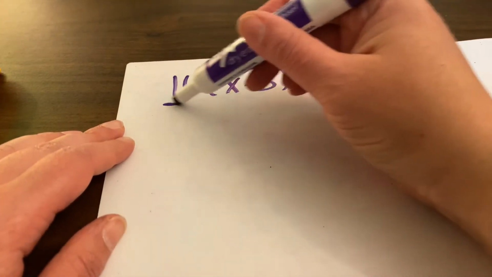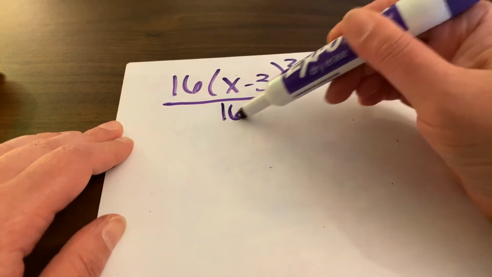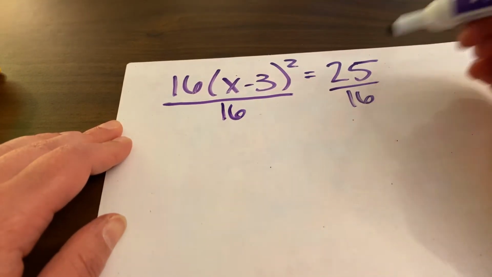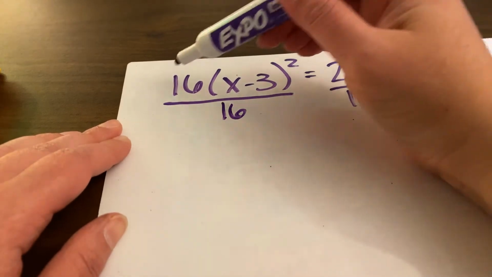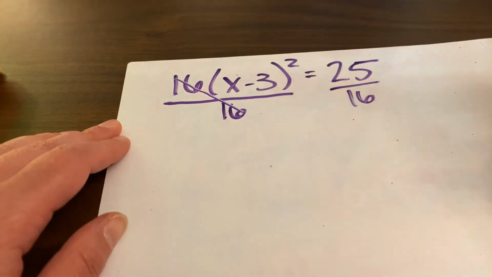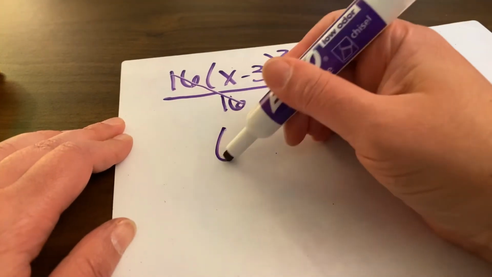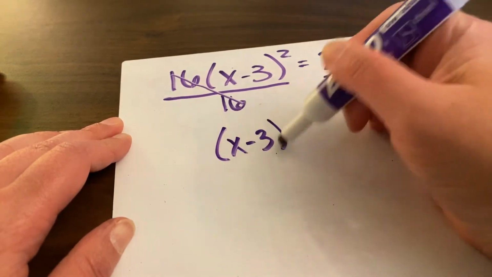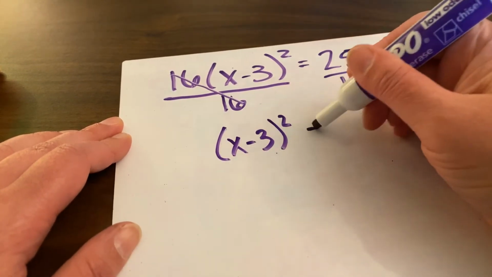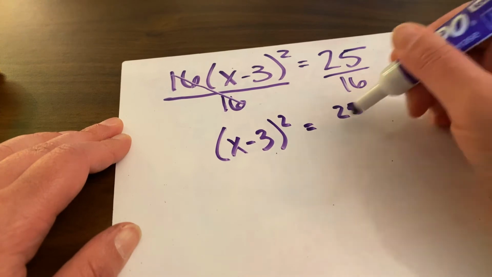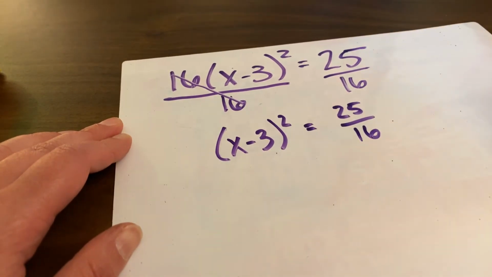So I will first divide both sides by 16. I know, crazy. So those 16s cancel, and I will have x minus 3, the quantity squared, equals 25/16.